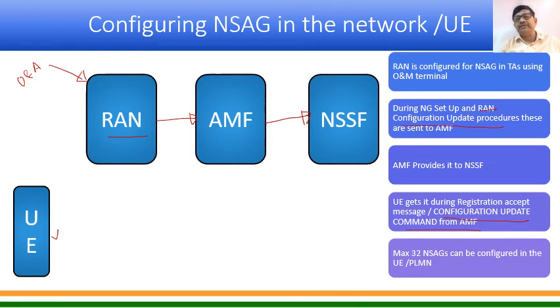Now there is a limit of how many such groups: 32. So the UE can have information about a maximum of 32 NSAGs.